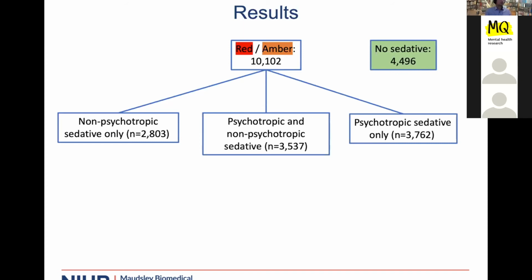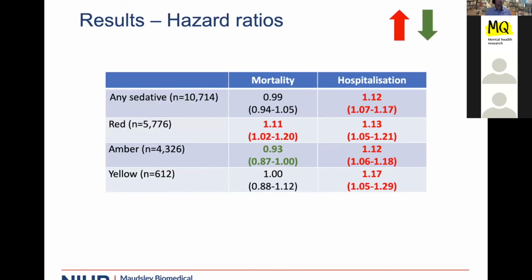So moving on to results, what we found is basically being on any sedative didn't predict mortality, but it predicted hospitalization. And when talking about hospitalization, there didn't seem to be any difference if the sedation was frequent, not frequent, strong or not strong. So being on any sedative just is associated with a higher hospitalization risk.